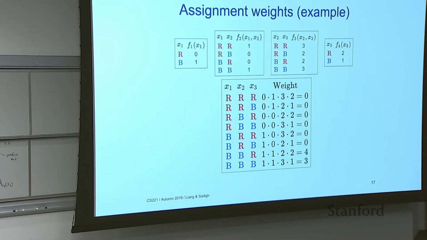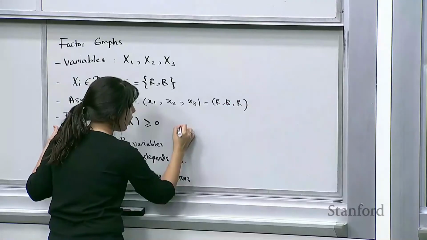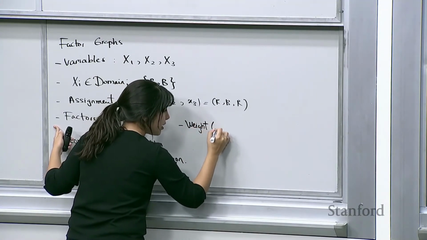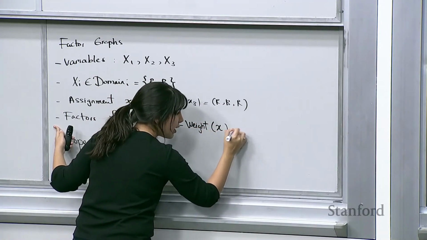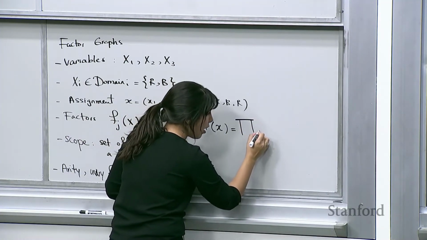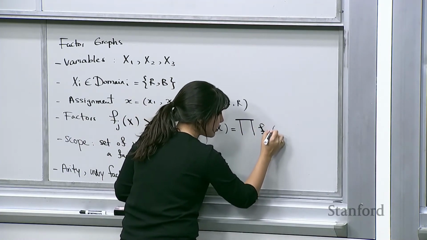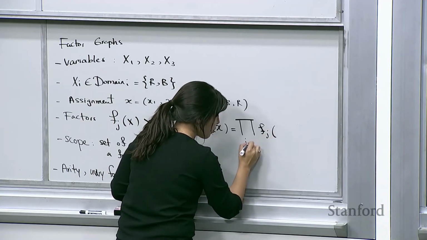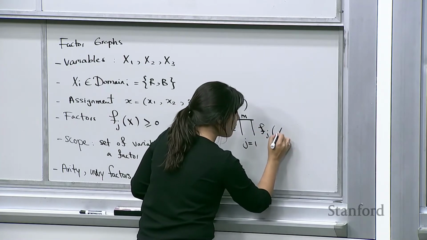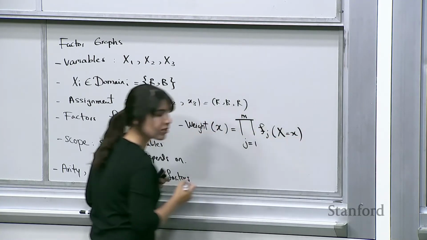So I'm going to write it in front of here. I'm going to define a weight of an assignment x, and the way I'm writing that is as a product of fj's, j from 1 through m. So I have m factors. So it's going to be fj's of x taking assignment x.